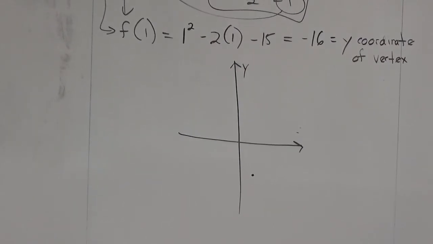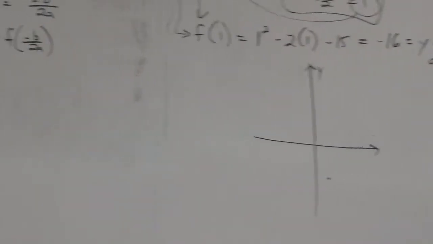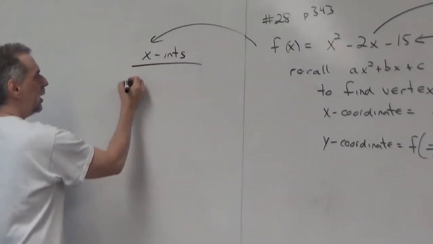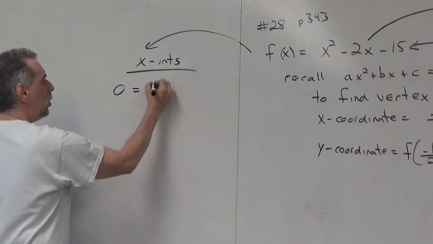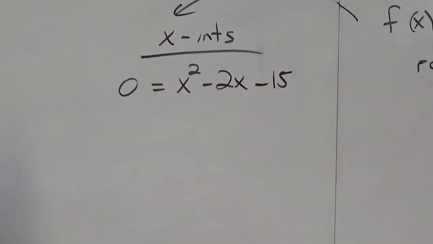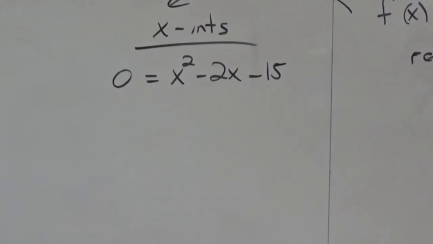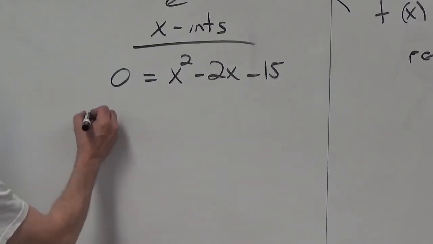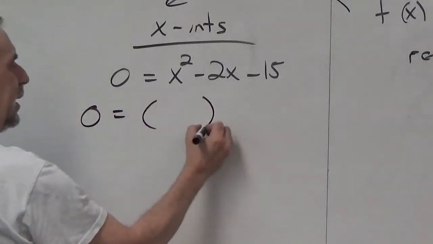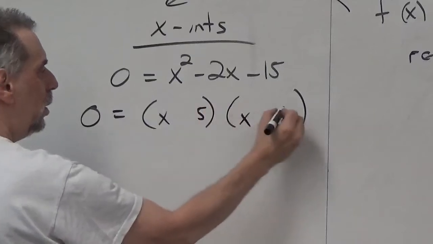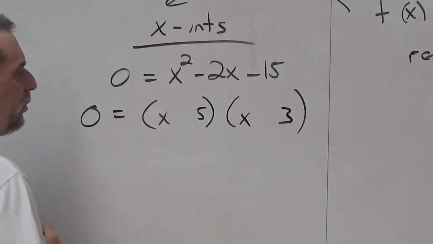And we want the x-intercepts again, so this goes back to chapter 1. X-intercepts, we're going to set the function equal to 0. And again, hopefully, we always hope for the zero factor property. Looks like that one's going to work here, right? We can factor this nicely with a 3 and a 5, I think.